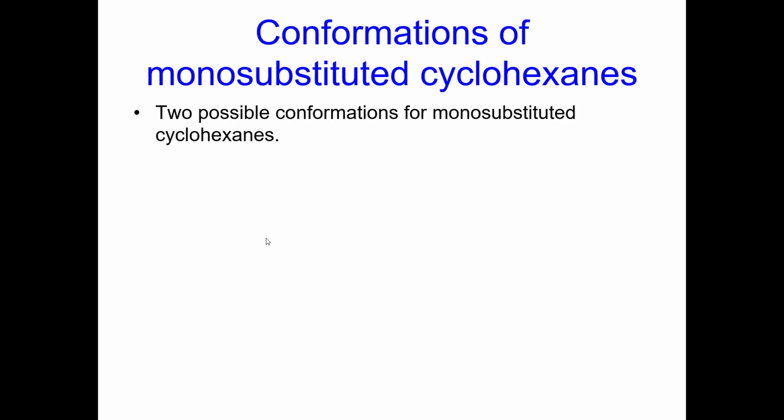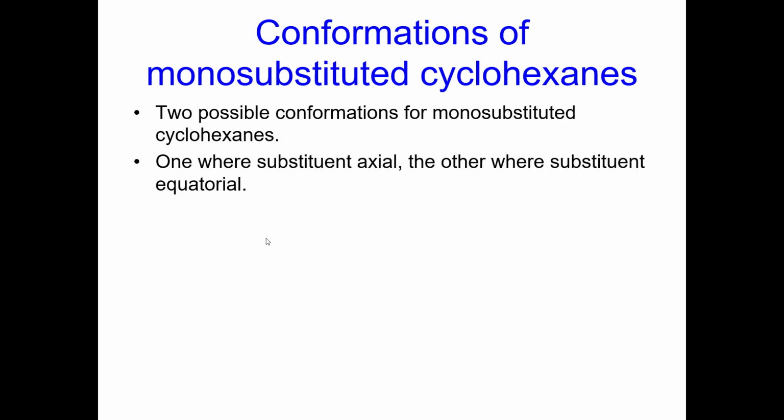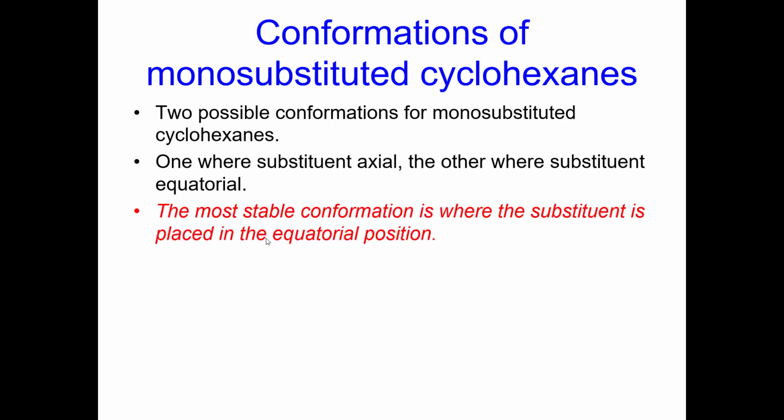If we add a substituent group, so something like a methyl, an ethyl, a propyl, a butyl, a fluoro, a chloro, etc., it can go into 2 possible different spaces. So one where your substituent is axial and the other where the substituent is equatorial. So your most stable conformation is where the substituent is placed in the equatorial position.